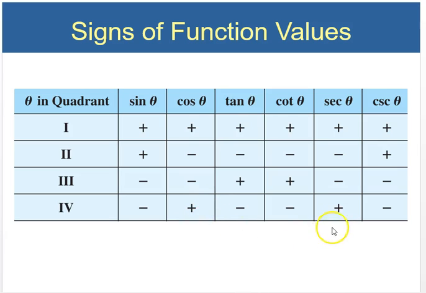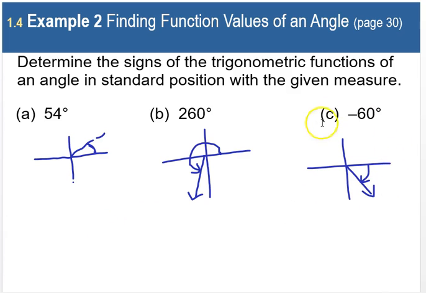Cosine and secant are positive. Sine, tangent, cotangent, cosecant are all negative function values. And that's how you answer part C. So that's what I'm asking you to do on these, is just determine the signs of each of these 6 trigonometric functions by figuring out what quadrant these angles are in.